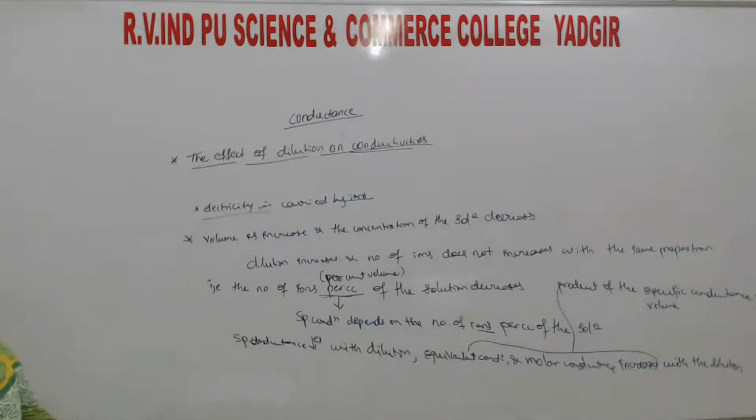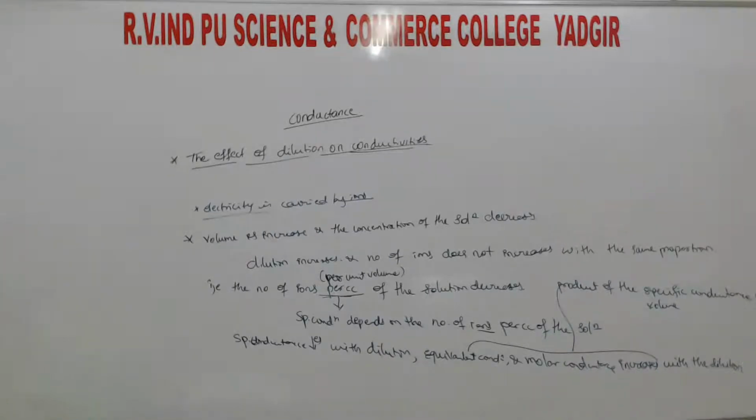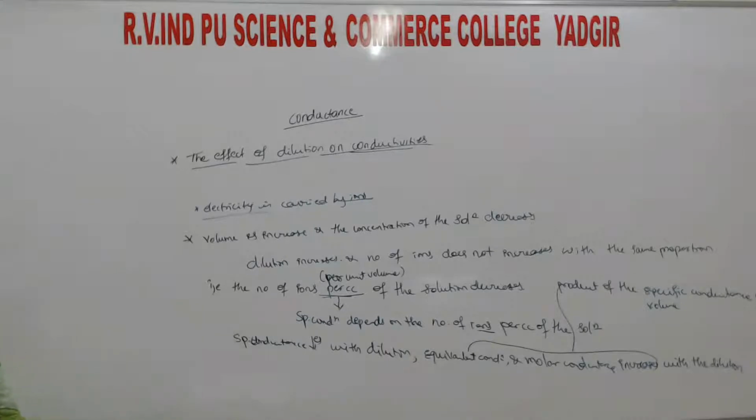Therefore the equivalent and molar conductivity increase on dilution, or as the concentration of the electrolyte decreases. Concentration of electrolyte means the solution here decreases.